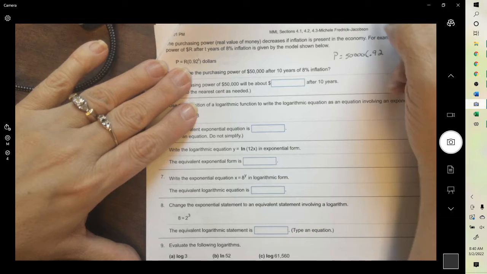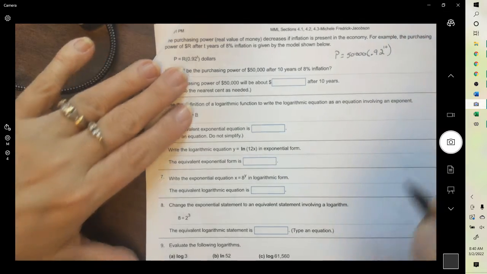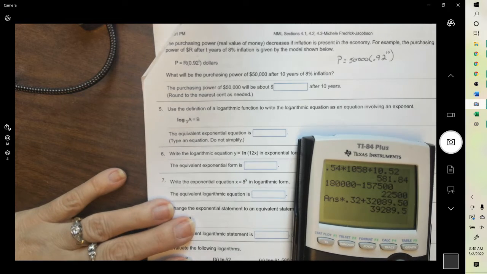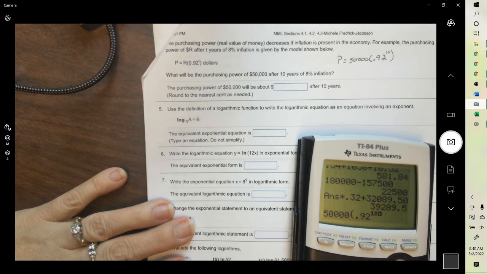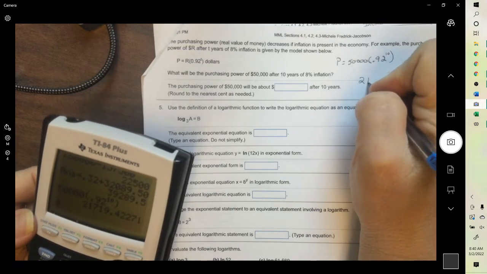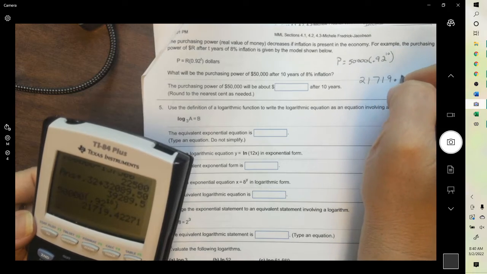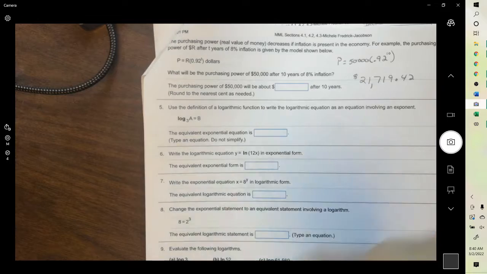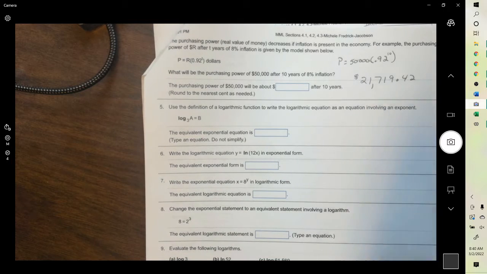To the 10 years. And then you just plug that in your calculator. $21,719.42.